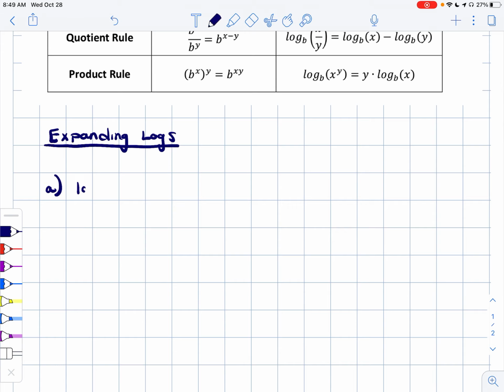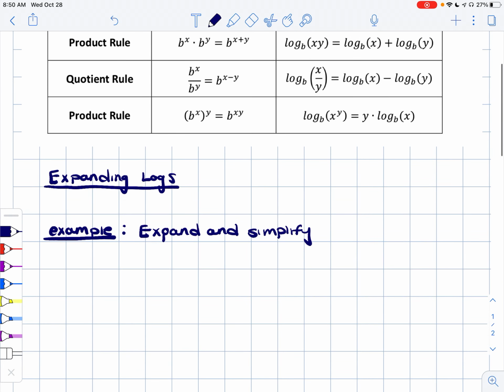Let's say first, I should probably tell you what we're doing. We're going to expand and simplify. All right, so let's start with the log of 5x.